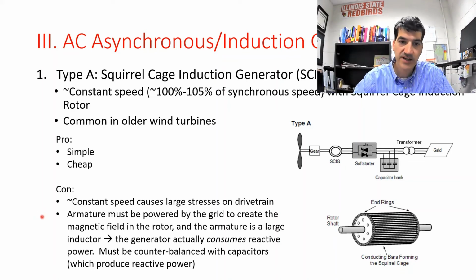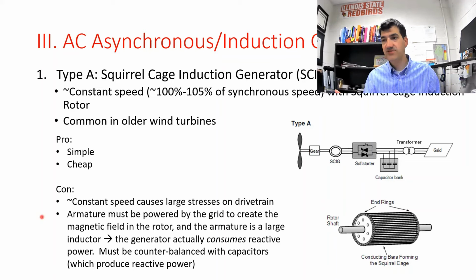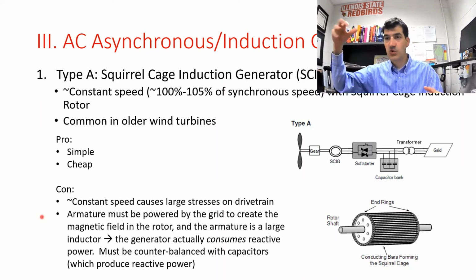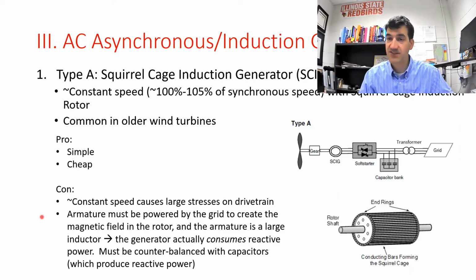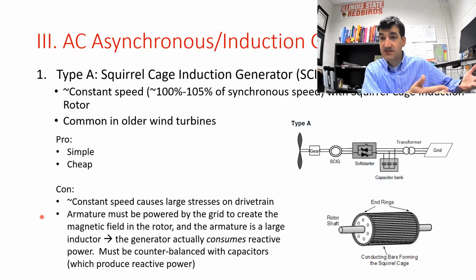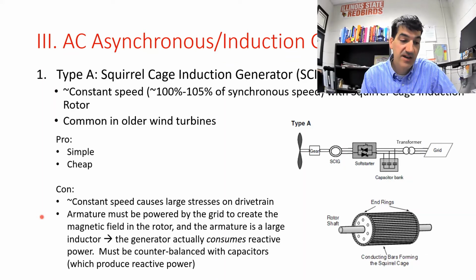And this last one, we actually have to energize those armature coils from the grid. I've said that a couple of times. So when you power those armature coils from the grid, those coils on the armature are actually inductors. And I know we haven't talked about inductors in this class. Once again, we do talk about that in TEC 240, but basically inductors require a certain amount of what's called reactive power, like we did talk about that in voltage control.